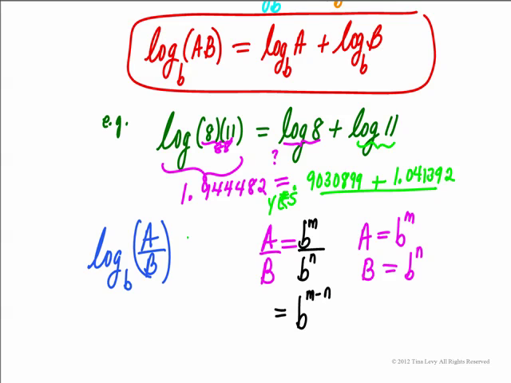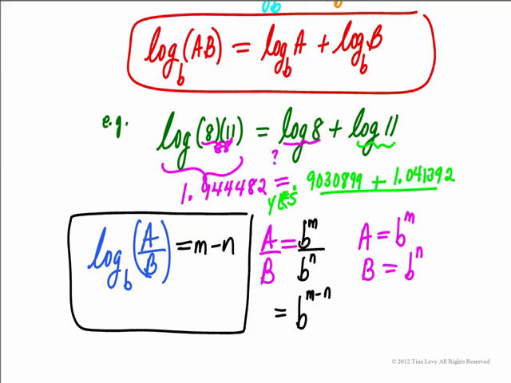Putting this here, I see that this is just m minus n. But I know that m is the exponent for A, so this becomes log base b of A minus n, which is the exponent of capital B, log base b of B.